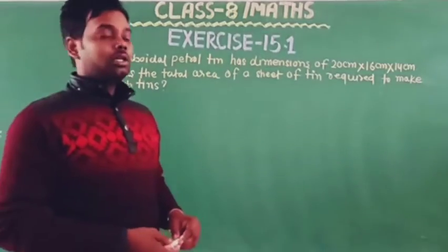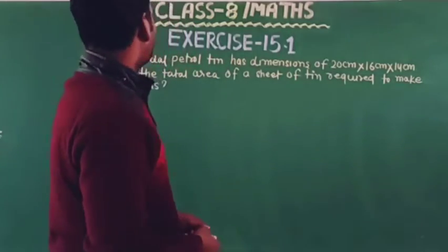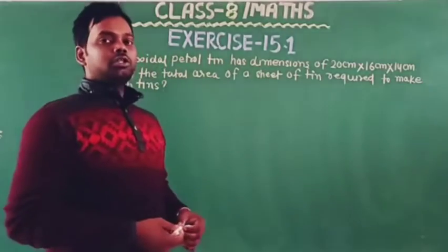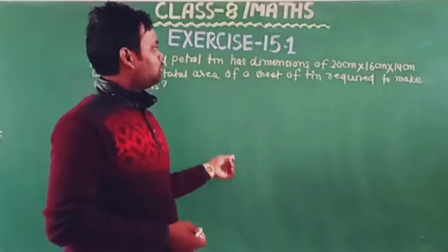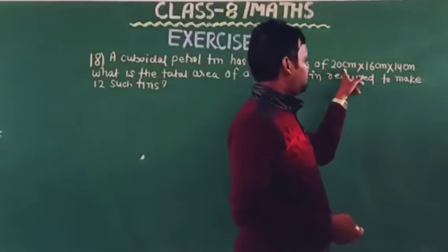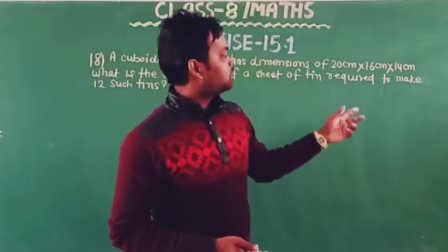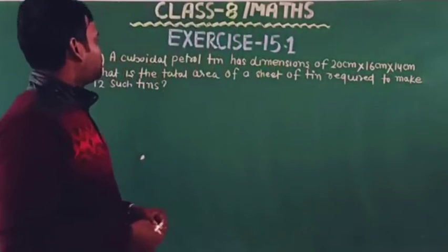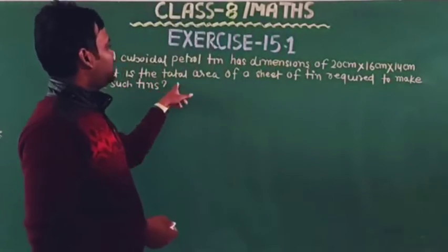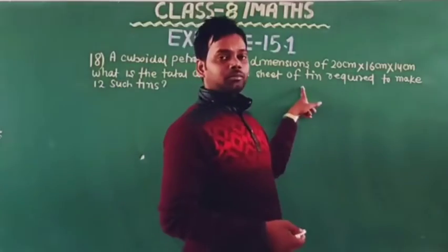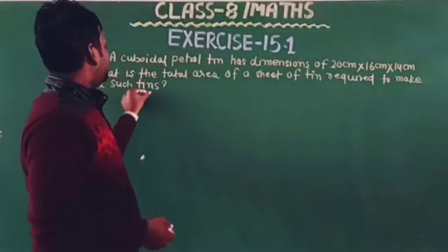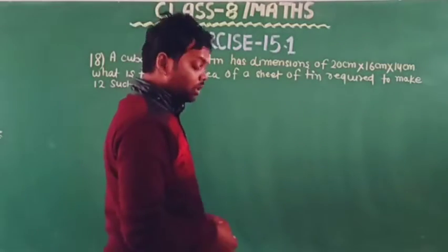Okay, so dear children, in this question there is a cuboidal petrol tin whose dimensions are given to us: length equal to 20 centimeter, breadth equal to 16 centimeter, and height equal to 14 centimeter. We have to find the total area of the sheet of tin required to make 12 such tins.